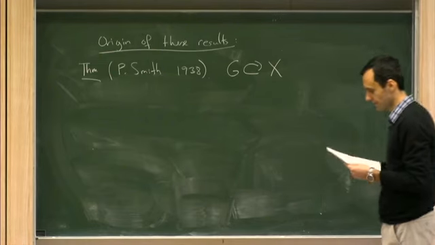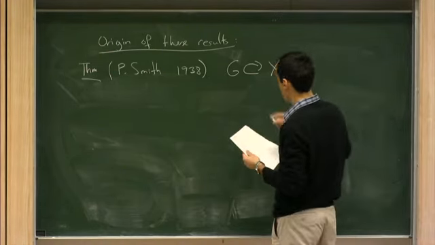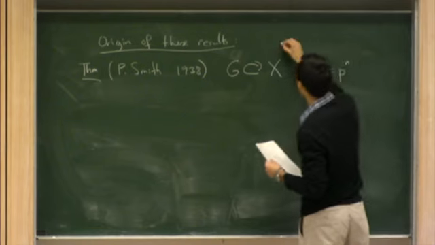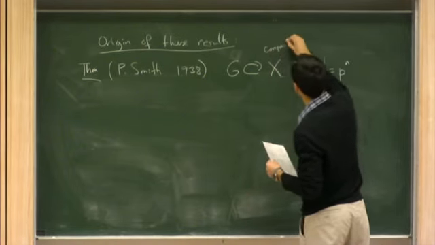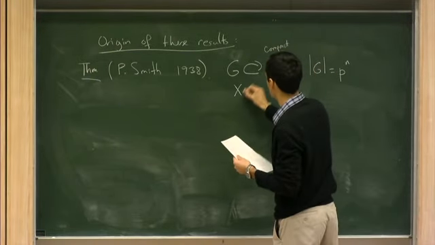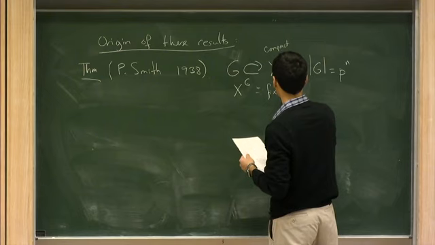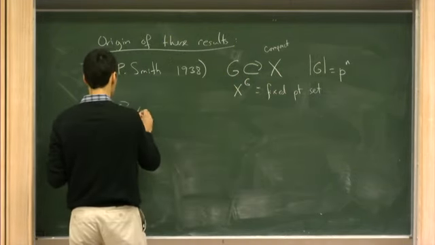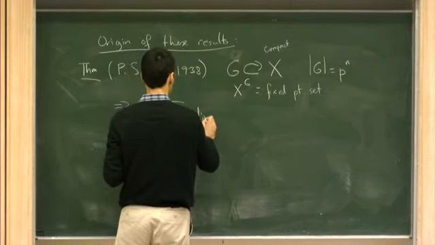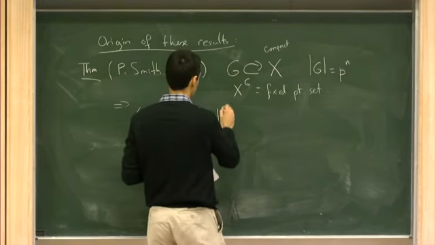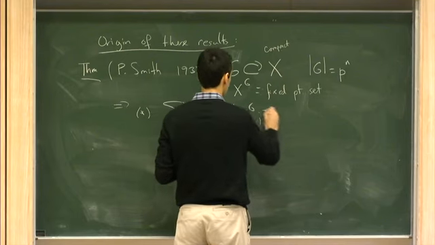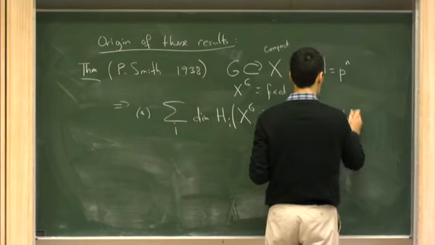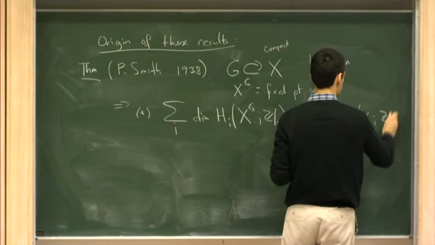If you have an action of a finite group of order p to the n on X, where X is compact, and let X^G be the fixed point set, then the Smith inequality says that the total dimension of the homology of the fixed point set with Z mod p coefficients is less or equal than the total dimension of the homology of X with Z mod p coefficients.